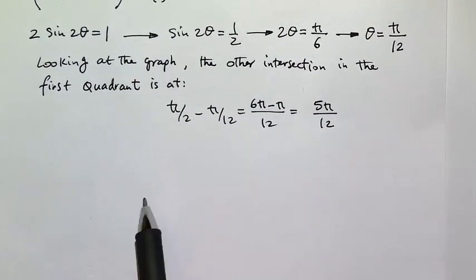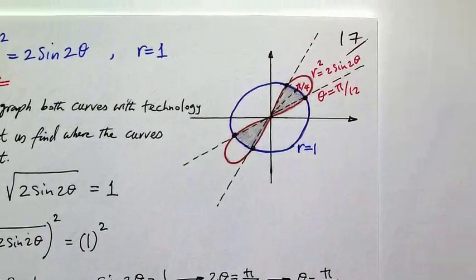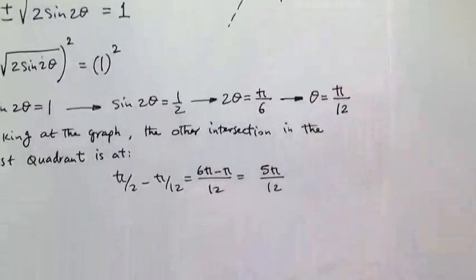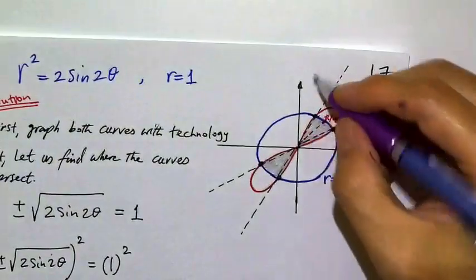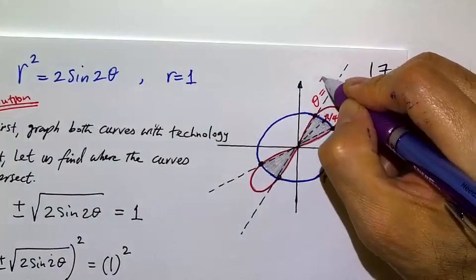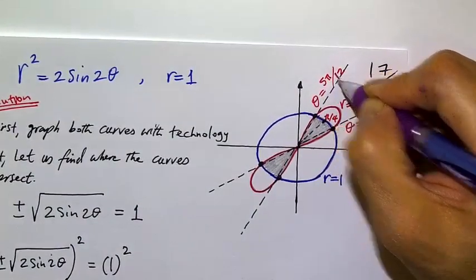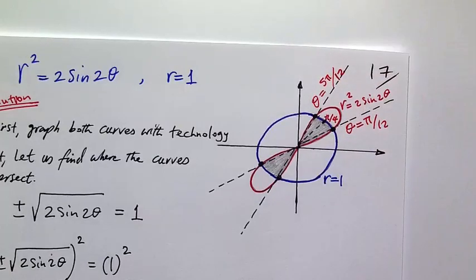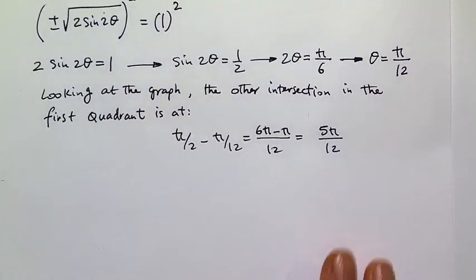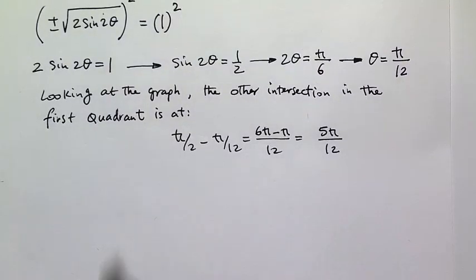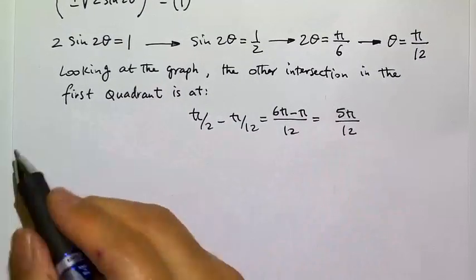I want to, oh, by the way, this one I didn't write yet, but even though we calculated it here, 5 pi over 12, that's this one. Pi over 12, right there. Okay. So let me write that in notes also, in addition to what I said.